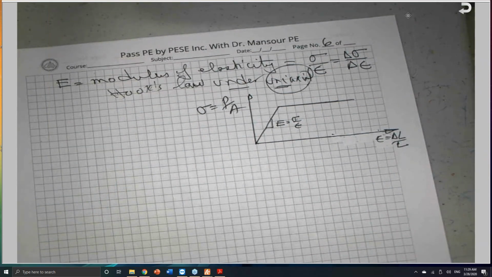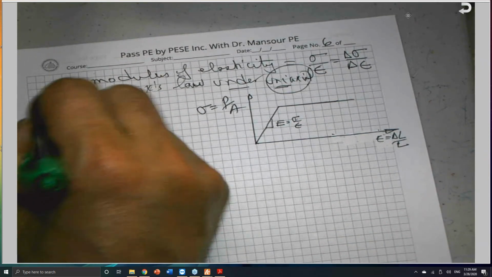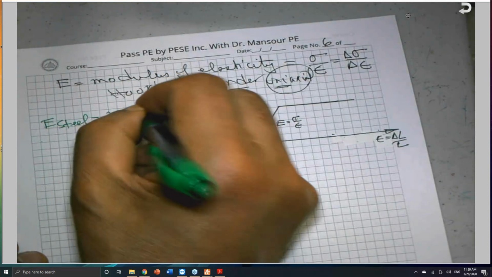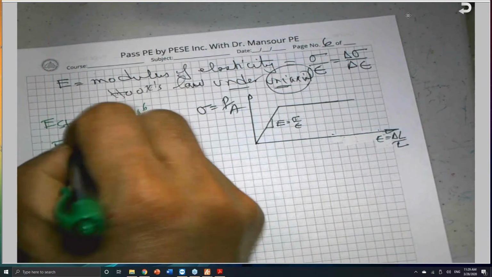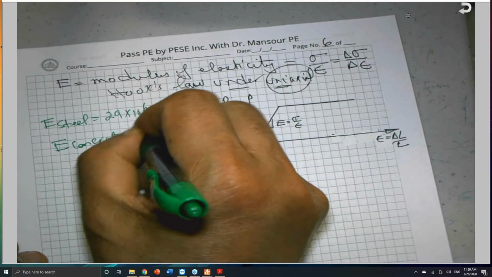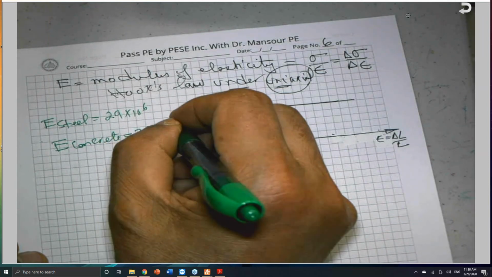This is called the modulus of elasticity, and E, as you know, for steel, as I mentioned today, is 29 million psi. For concrete, for example, it ranges between about 3 to 7 million psi.